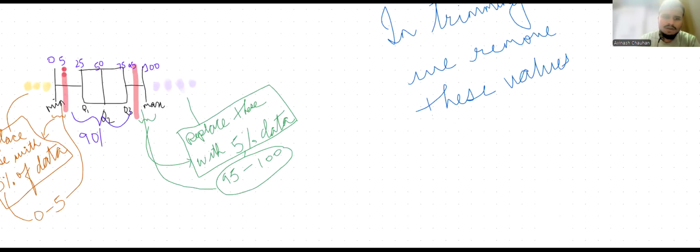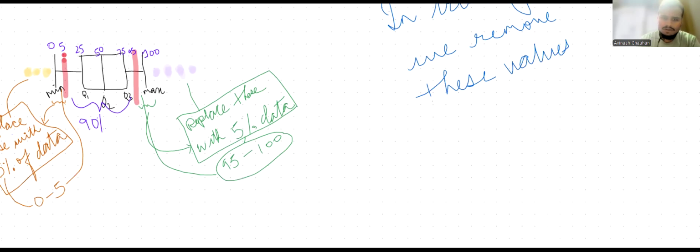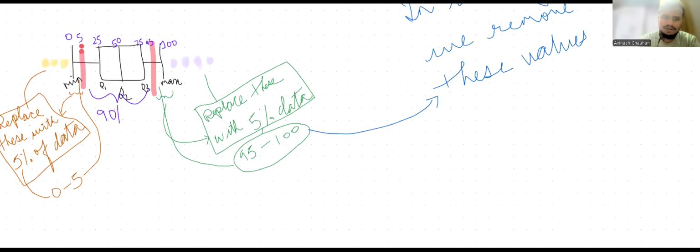We are removing the data 5% above it, all of it.